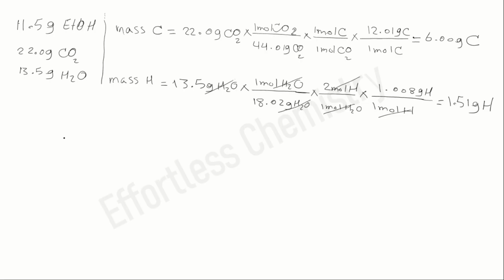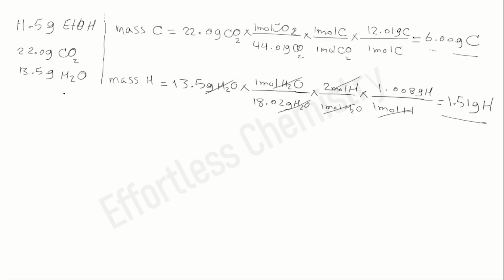Okay, thus 11.5 gram of ethanol contains 6 grams carbon and 1.51 grams of hydrogen. The remainder must be oxygen.